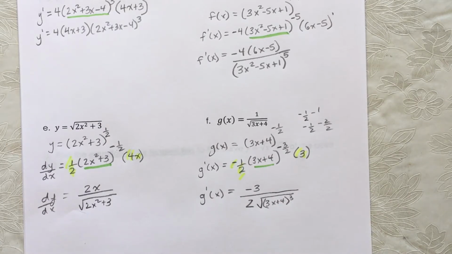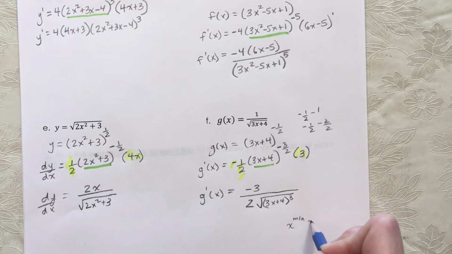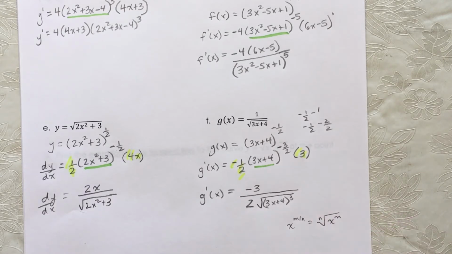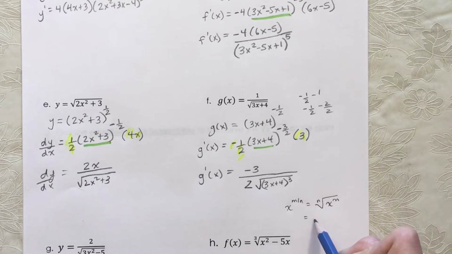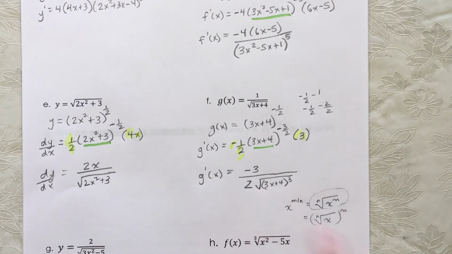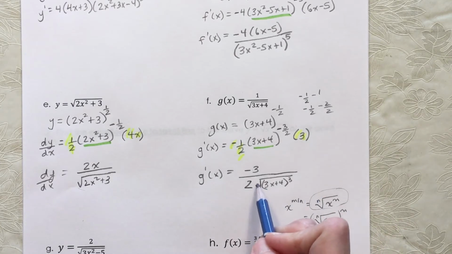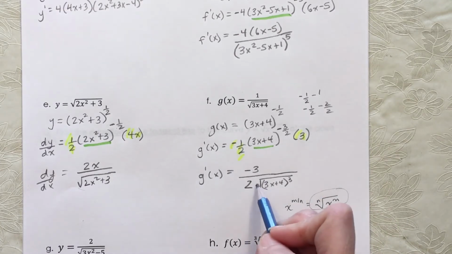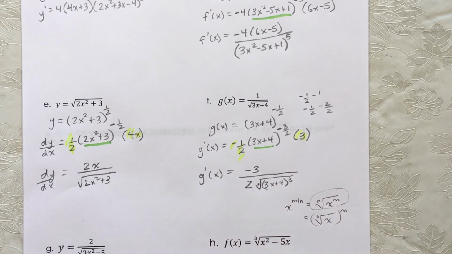Okay? So again, remembering your exponent rules, if you have x to the m over n, it means the nth root of x to the m. Or also, you could write it as the nth root of x all to the m.